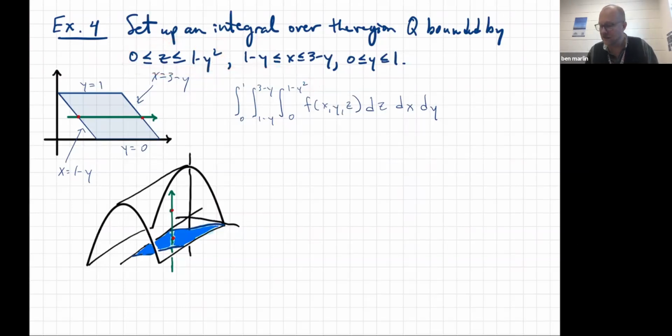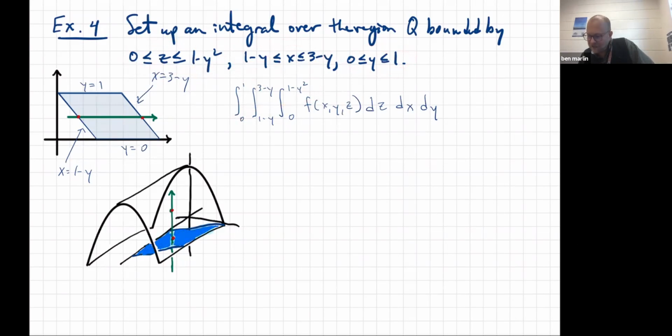Yeah, it does. And then for the outside limit of integration, and then for the outermost. So with regard to this, the volume we're thinking of has as its base this little parallelogram here. And I tried to draw that as best as I could there.